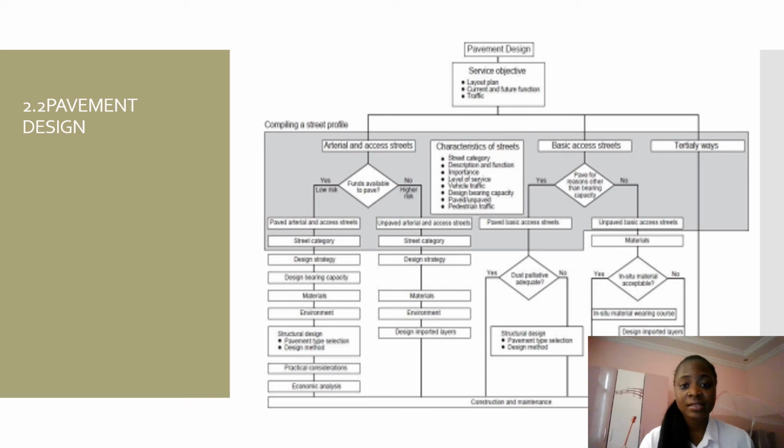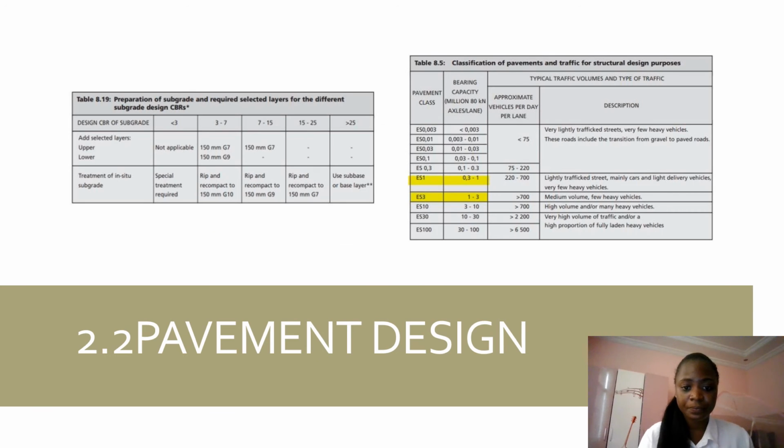So based on elements such as the climate, the CBR, which is the California bearing ratio, and the traffic load, we are able to size all these layers so that we can have a very comfortable road. And we use the catalog design that we get in the TRH4, which is, I would say, an empirical method, based on the experience of other engineers that made this documentation for us to work efficiently.